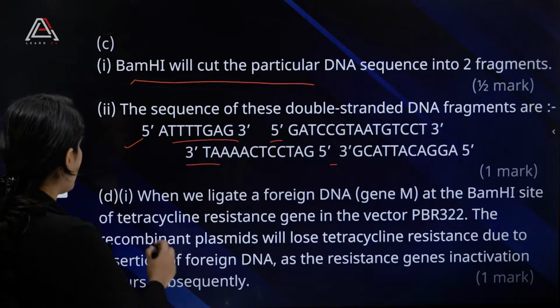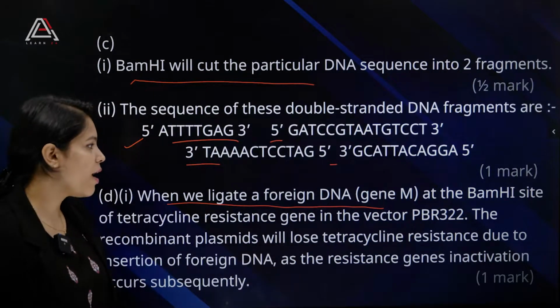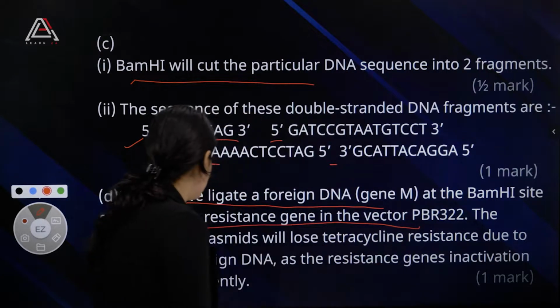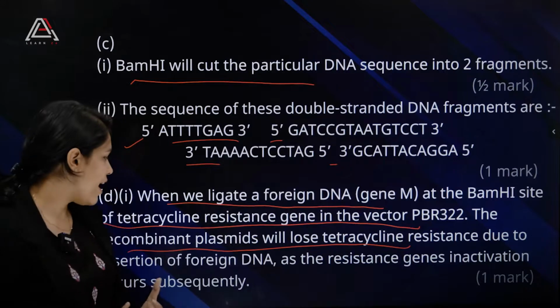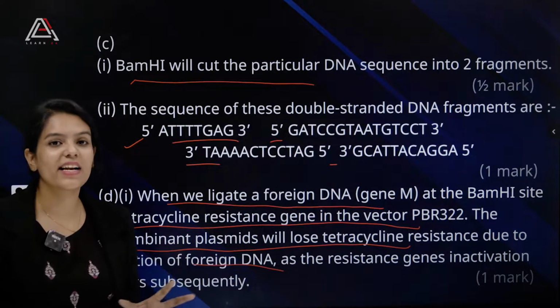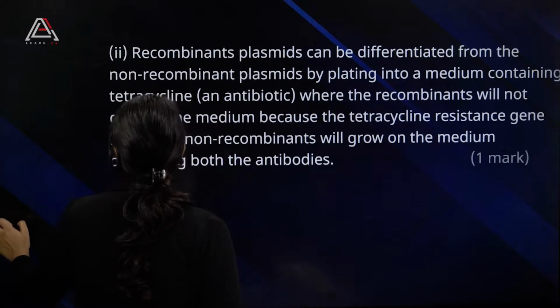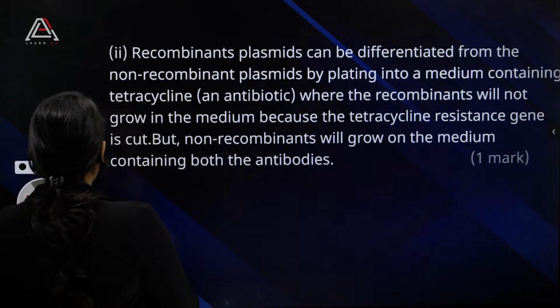Then the third part talks about when we ligate a foreign DNA gene at the BamHI site of the tetracycline resistant gene in the vector, the recombinant plasmid will lose the tetracycline resistance. Why? Because the foreign DNA is introduced here. Inactivation of tetracycline resistance will happen, and then how can we differentiate?